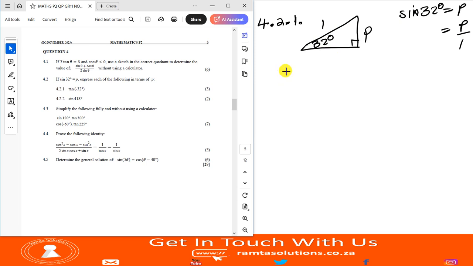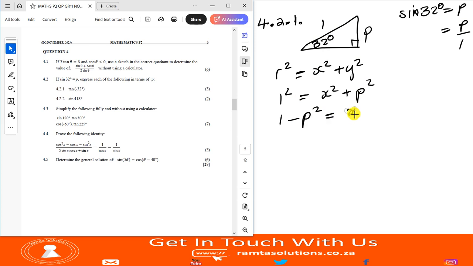So let's say r squared equals x squared plus y squared. What is r? R is 1. What is x? It's unknown. What is y? It's p. So this is 1 minus p squared equals x squared.